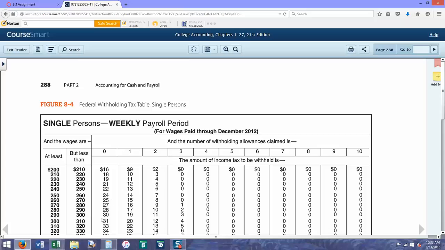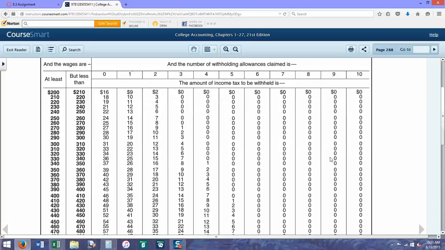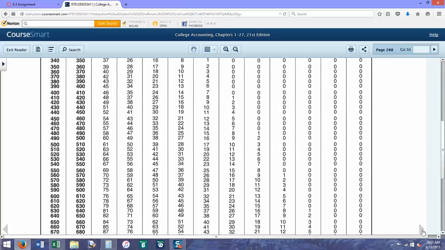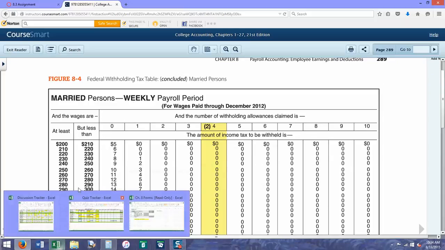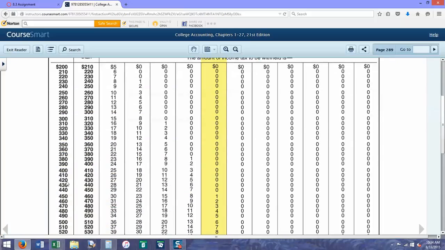Here we go. So she's married and claims 4 allowances. She earned $490, so we're going to look for at least $490, but less than $500. And we're going to go across 0, 1, 2, 3, 4. So her federal withholding is $5.